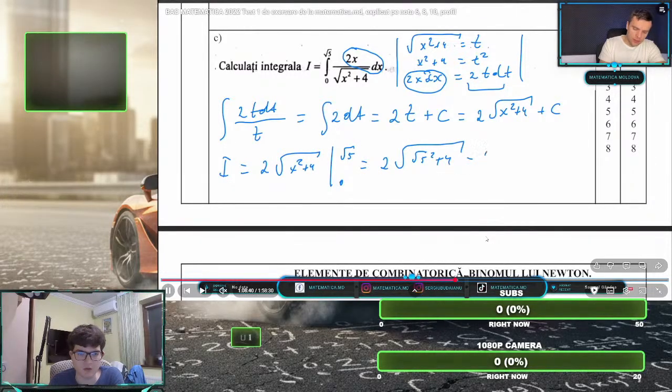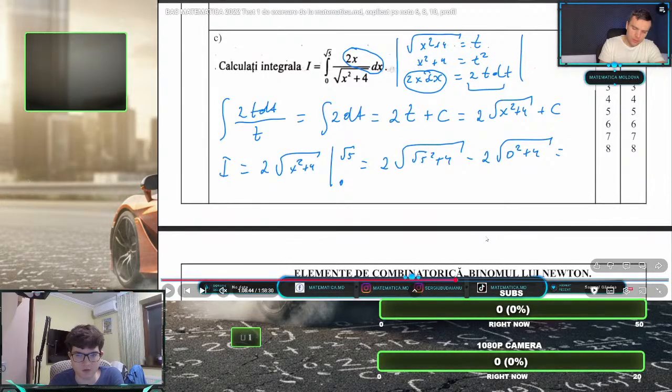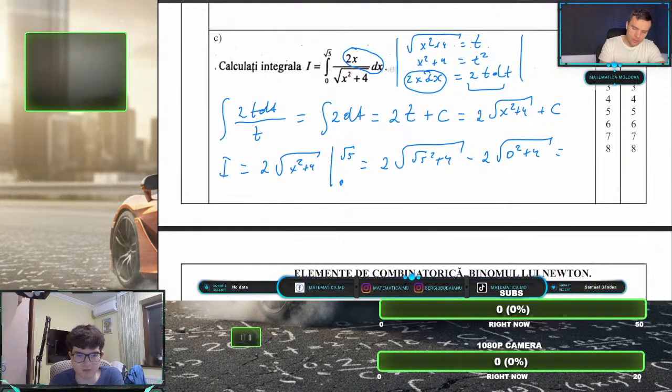So just plug it in. So you got square root of 5 there, boom. Squared is going to be square root of 25, so that's 5. So then it's going to be 5 plus 4, that's going to be 9. So it's going to be 6 at the left, and then minus 2 times 0 squared plus 4.